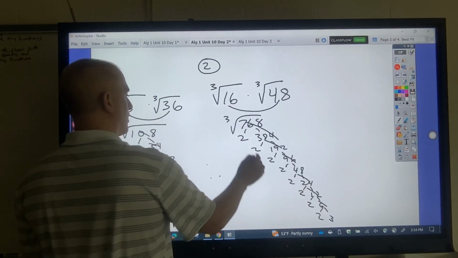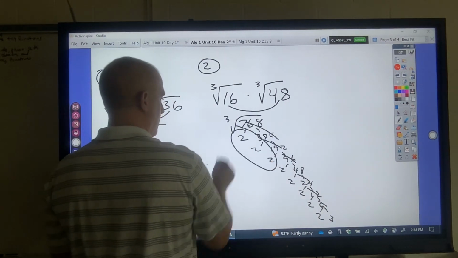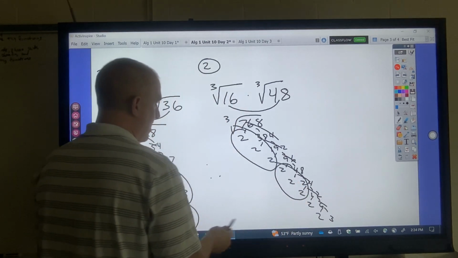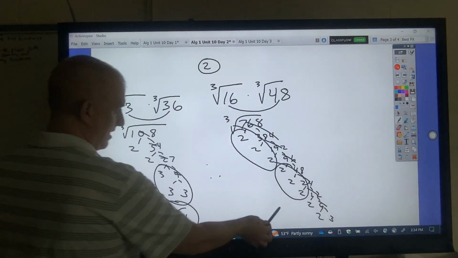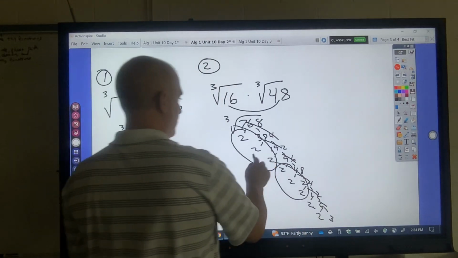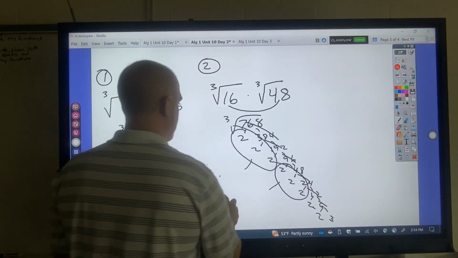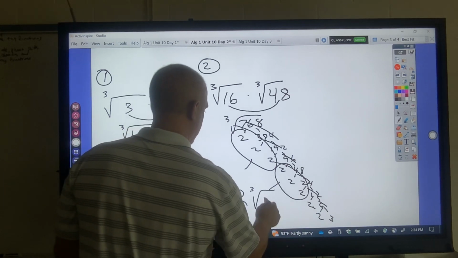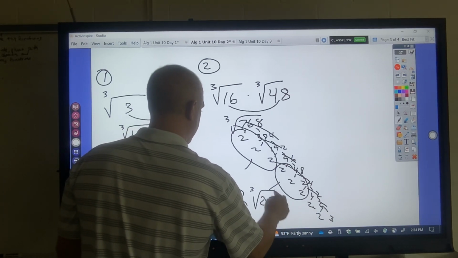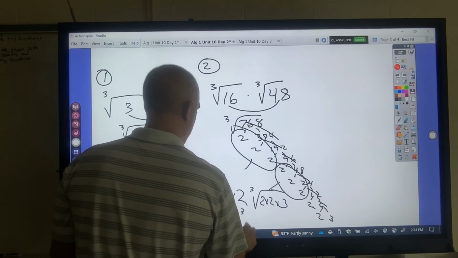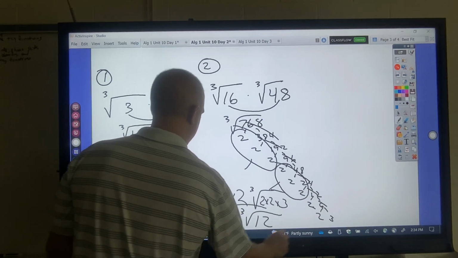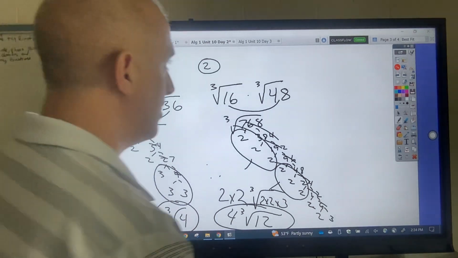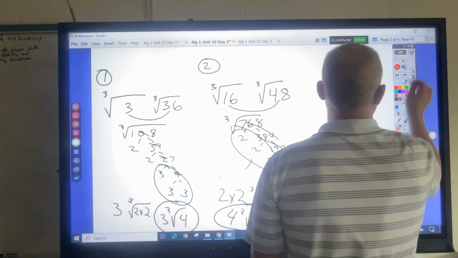Okay, now, since it's a cube root, I can circle 3. So that's one group there, that's one group there. That's all I can circle because those are pairs. So I can take 1 out per group. So 2 times 2, cube root of 2 times 2 times 3. So I got 4 cube root of 12. Okay, you can pause your video and go ahead and work on the next batch.